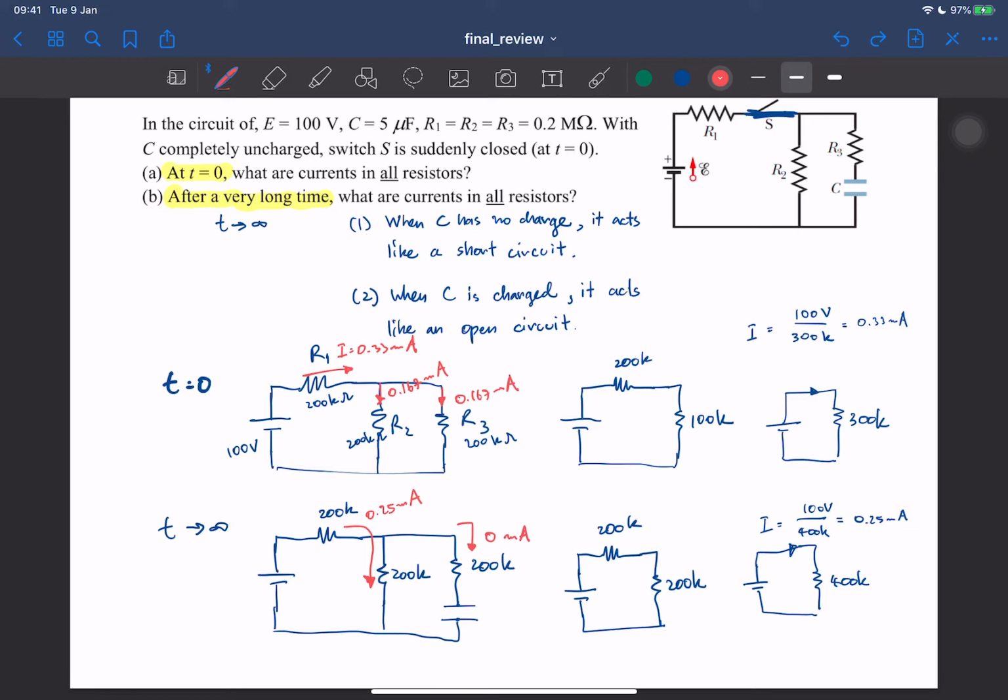You can just use these two facts for the capacitor to calculate this. So you don't need to use the 5 microfarad anywhere in this circuit.